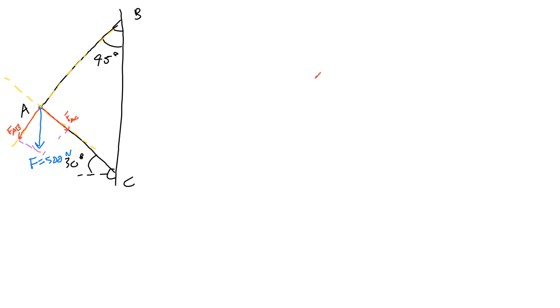I'm going to draw it a bit bigger over here, but we're looking at that shape right there. This over here, straight down, is our F.